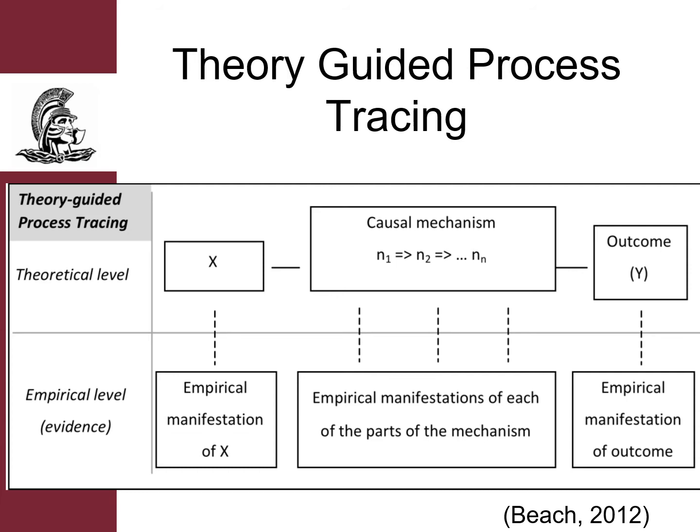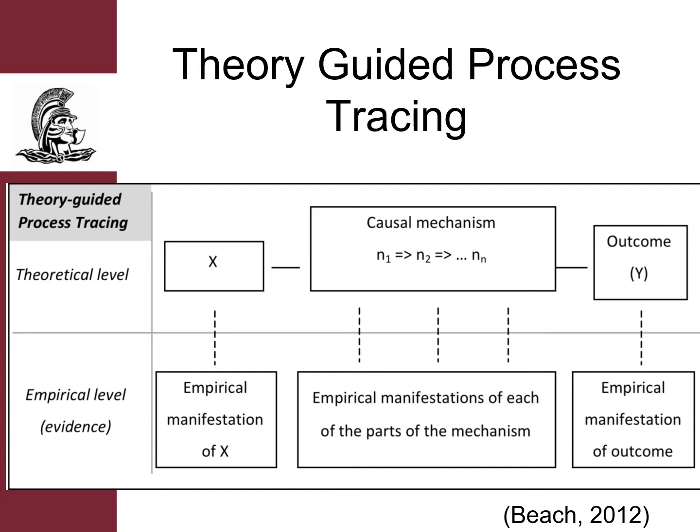The idea is you need to break out conceptually, between the cause and effect, between the starting condition and the outcome that you observe in a case, theoretically, what are we saying happened? What are the steps in the story the theory tells?